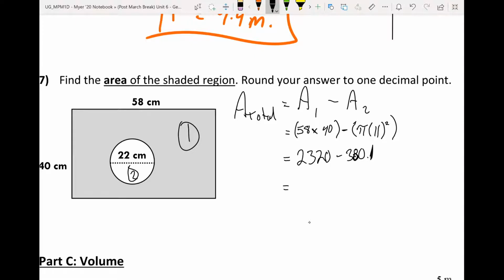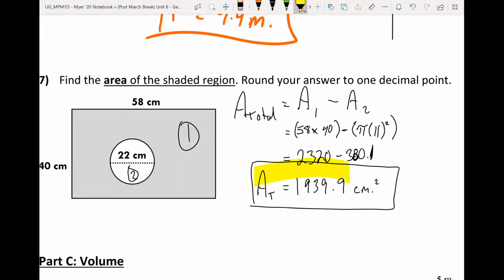So my final answer, my area total, is 1,939.9 centimeters squared. So just to clarify, that was area 1 that's there, and this is area 2 right there.